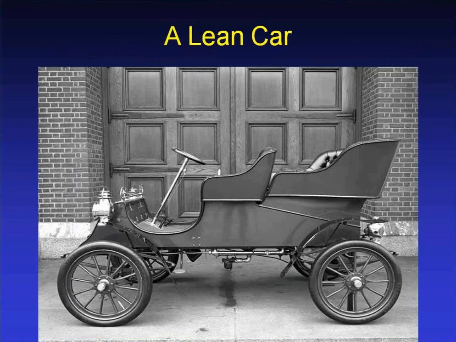Now, here is a lean car. This is truly a lean car. Now, in reality, you don't need a windshield. If you don't have a windshield, you drive slower, and it's safer for your people, so it's really helping the customer, and it reduces cost. So in our lean car, let's get rid of the windshield. Oh, and by the way, you don't need a starter. If you've got a crank, that's good for the customer because that gets the customer out, and they get some exercise too.